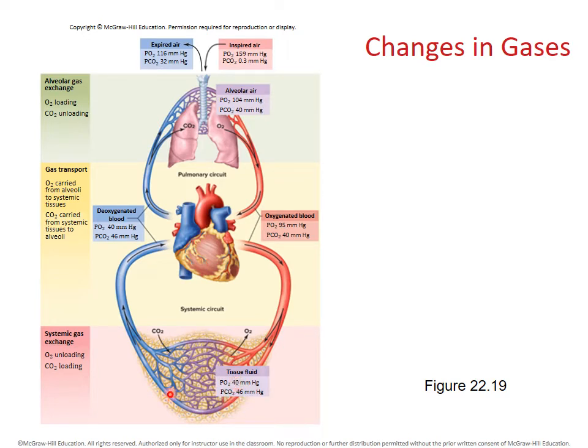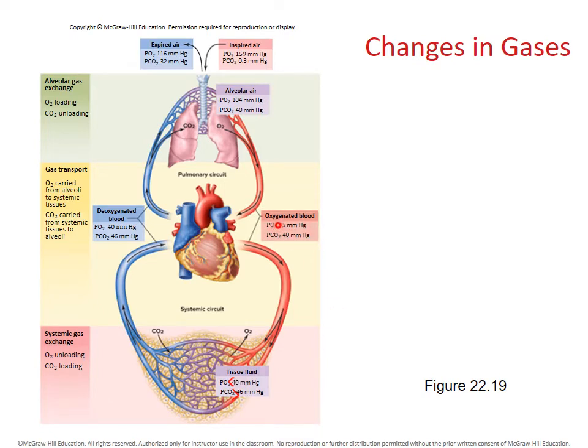So if I could magically change this, I would turn this to a PO2 of less than 40 and a PCO2 greater than 46. So what's going to happen? Again, we're going to have a concentration gradient established. So if the PO2 of the oxygenated blood is 95 and the PO2 of the tissues is less than 40, again, we have a concentration gradient.